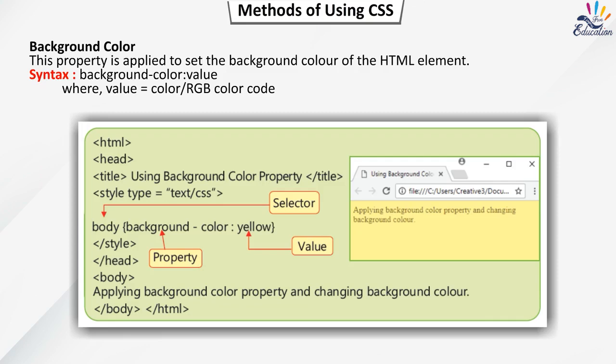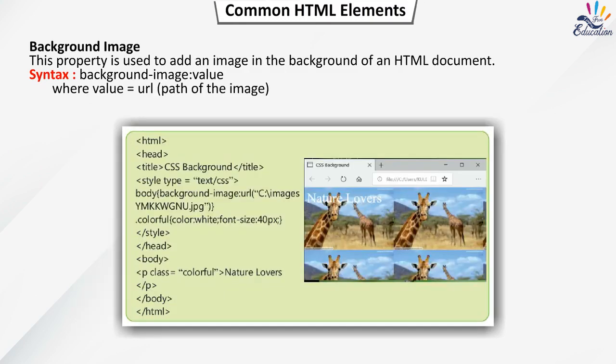Syntax: background-color: value, where value is equal to color name or RGB color code. Background image. This property is used to add an image in the background of an HTML document. Syntax: background-image: value, where value is equal to the URL path of the image.